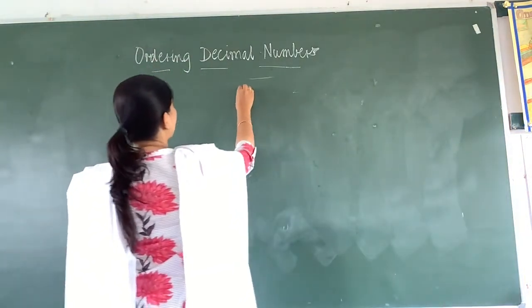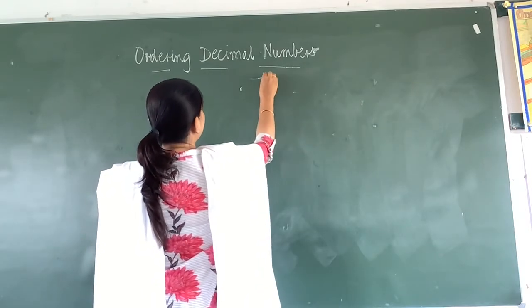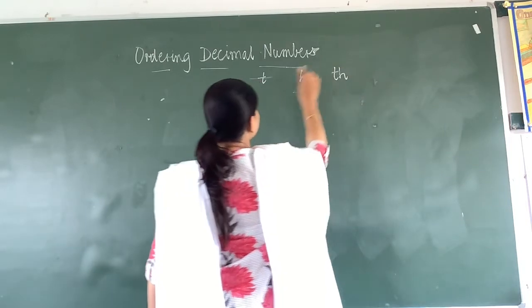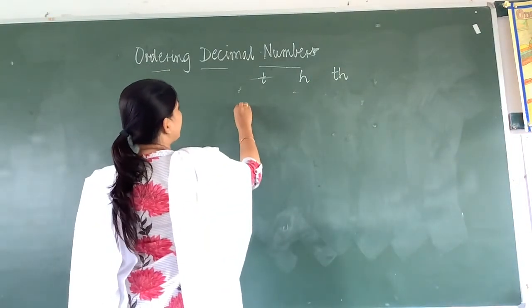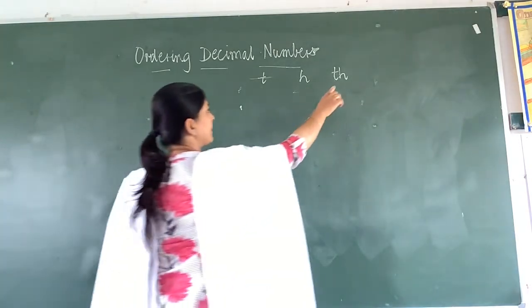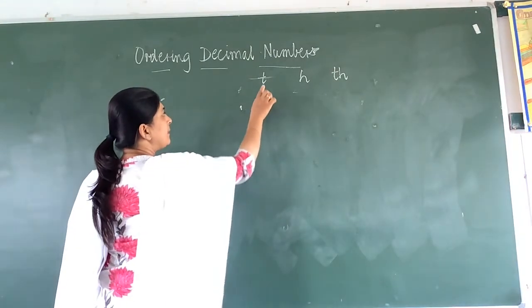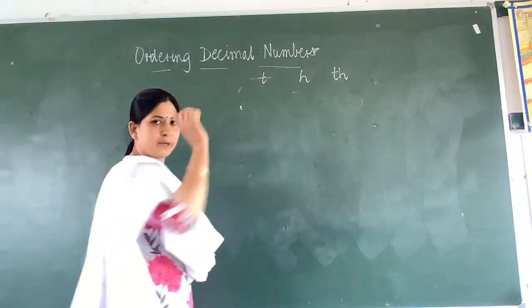Now see, first I will make the place value chart. Tens, hundreds, thousands: small t means tens, small h means hundreds, small th means thousands. The first digit after the decimal is in tens place. The second digit after the decimal is in hundreds place.